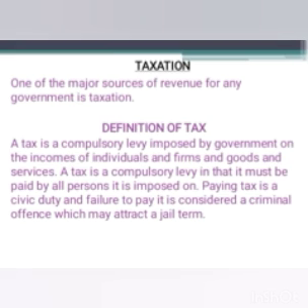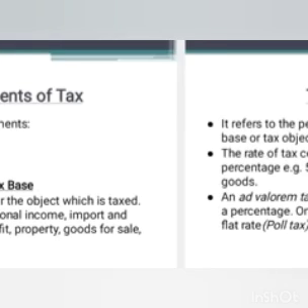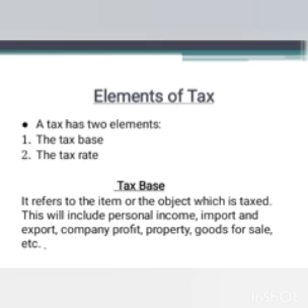Now let's look at the elements of tax. Tax has two. The first is the tax base. The tax base refers to the object or the material which you are taxing.